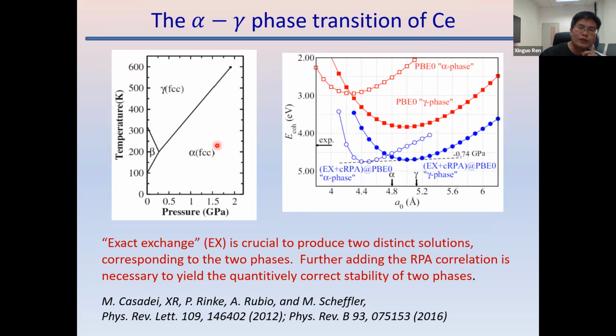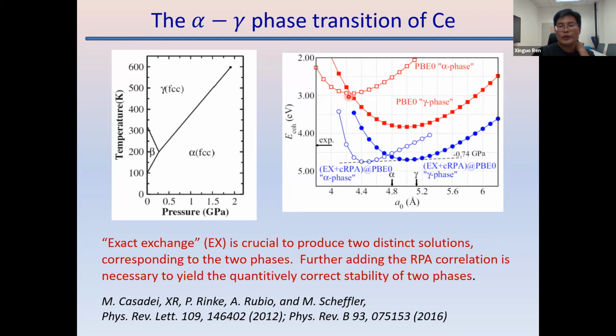How to describe this transition is quite challenging for density functional theory. We find that for this system, if you do a hybrid functional calculation using PBE0, one has two stable solutions. These two stable solutions are consistent with the alpha and gamma phases of this material.